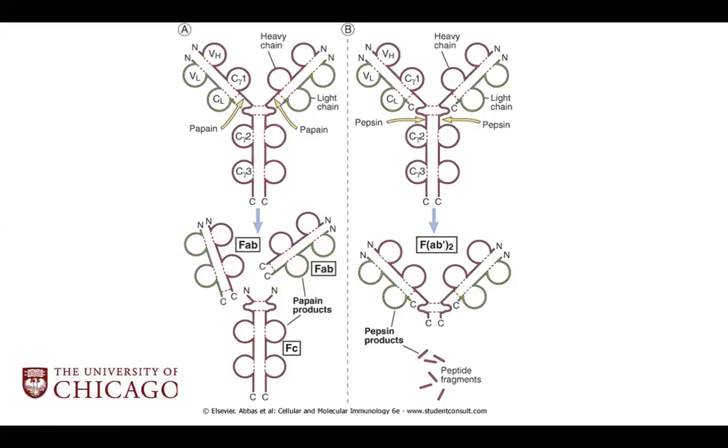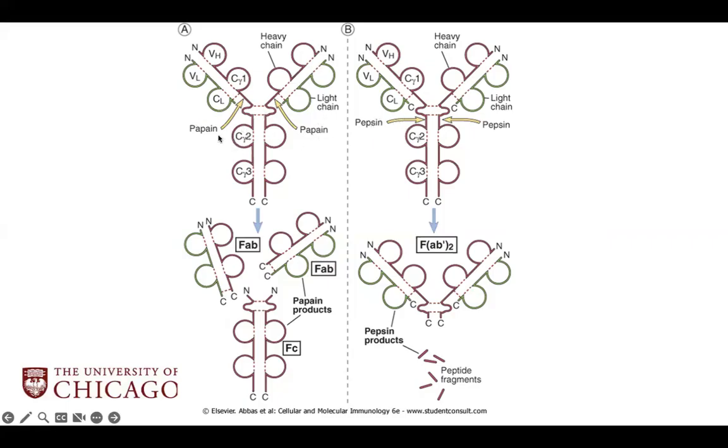This is just another one of those kind of random facts. If you're not a basic scientist, we don't use this clinically, and I really don't know that it has that much relevance, but there are two different chemicals that you can use to degrade antibodies. One is called papain, and one is called pepsin.